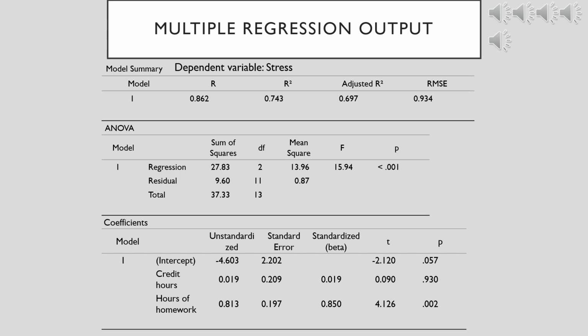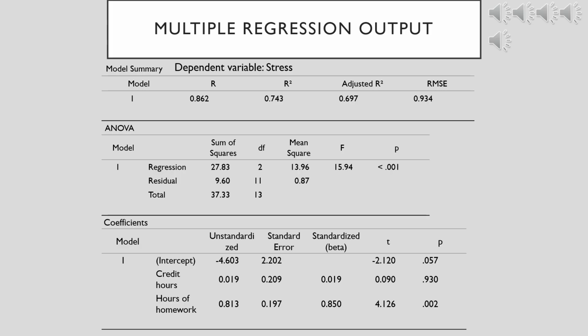That number is represented by capital R, and it is 0.862. And remember, capital R is basically the multiple correlation coefficient. So it's like little r, which is Pearson's R, just a bivariate correlation, but it's capital R. It can handle more than relationships just between two variables, but it is a correlation.